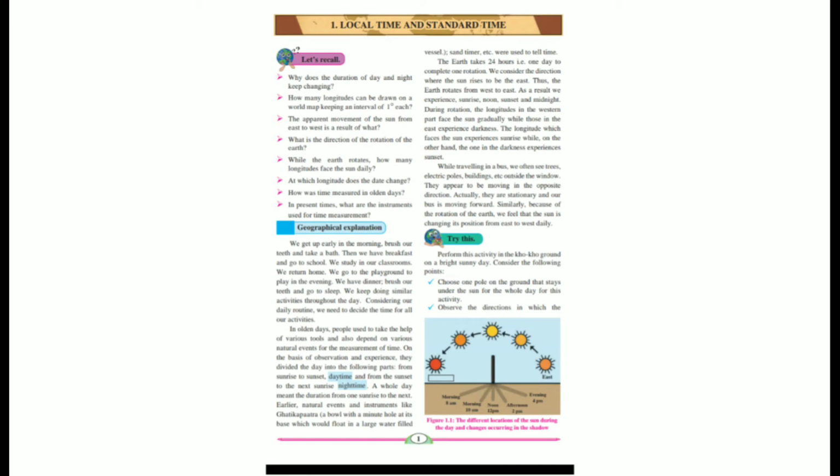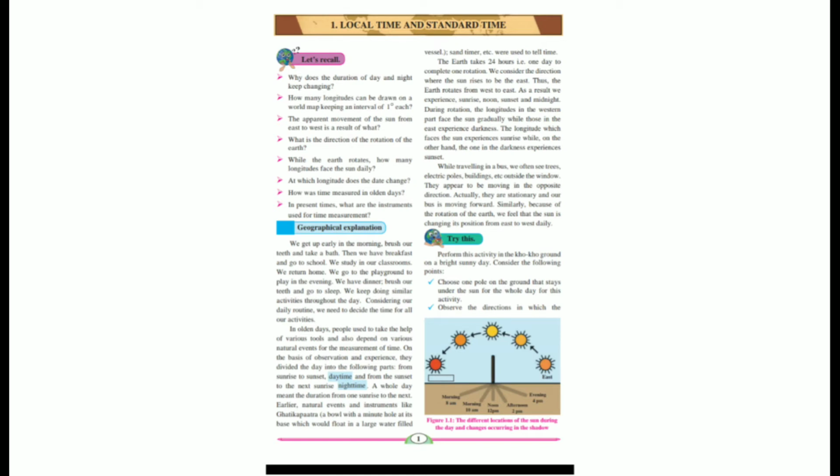From sunrise to sunset it is daytime, and from sunset to the next sunrise it is night time. A whole day means the duration from one sunrise to the next. A whole day means 24 hours.